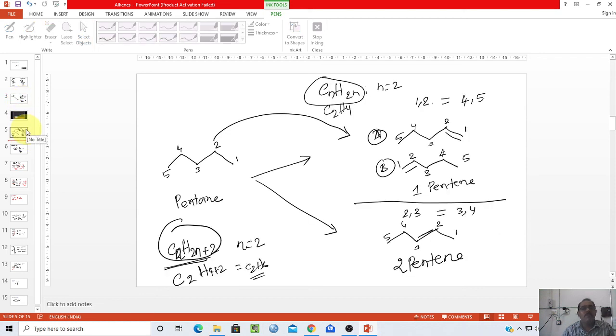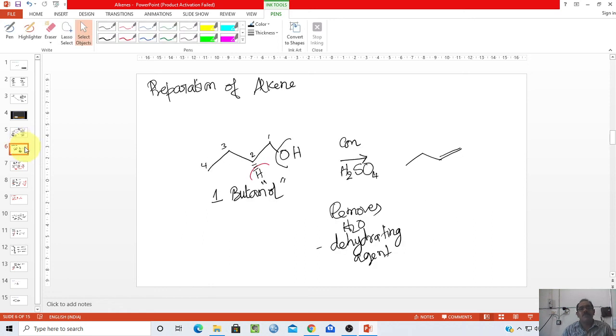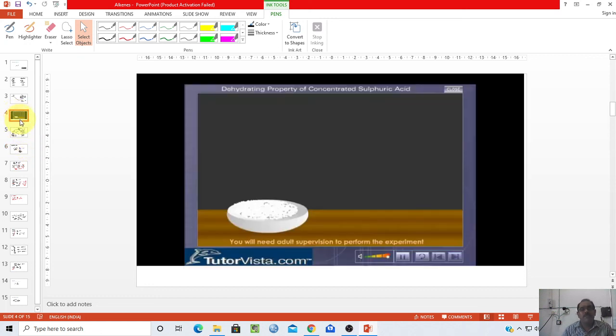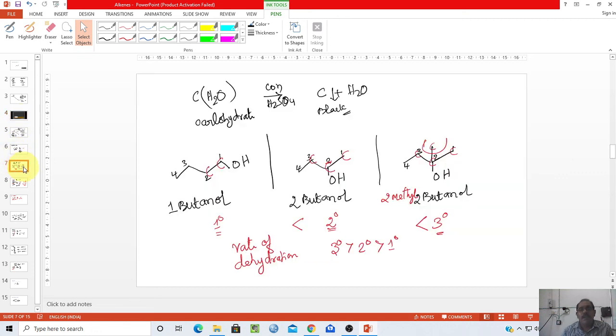Then we went on to preparation number one, which is dehydration of alcohol to get alkene, and there we have seen the nature of sulfuric acid. In the dehydration reaction, the rate is fastest for tertiary alcohol, then secondary, then primary. The same holds good for alkyl halides.